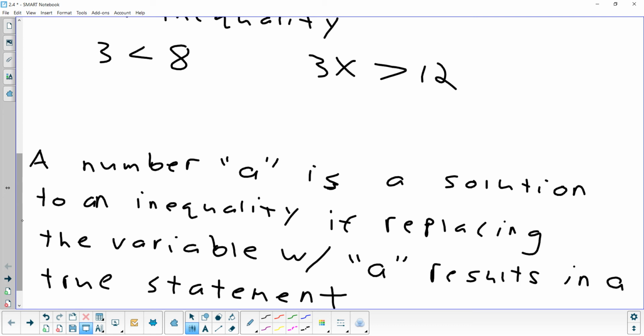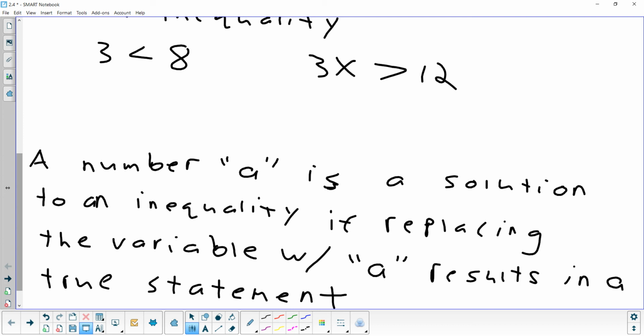If I check 2, 3 times 2 is 6. 6 is greater than 12? No. So that means 2 is not a solution. Big difference here when you're solving an inequality. It's not like an equation where sometimes you have one answer or 2 answers or 3 answers. There's an infinite amount of answers to this. In fact, it would be any number greater than 4.